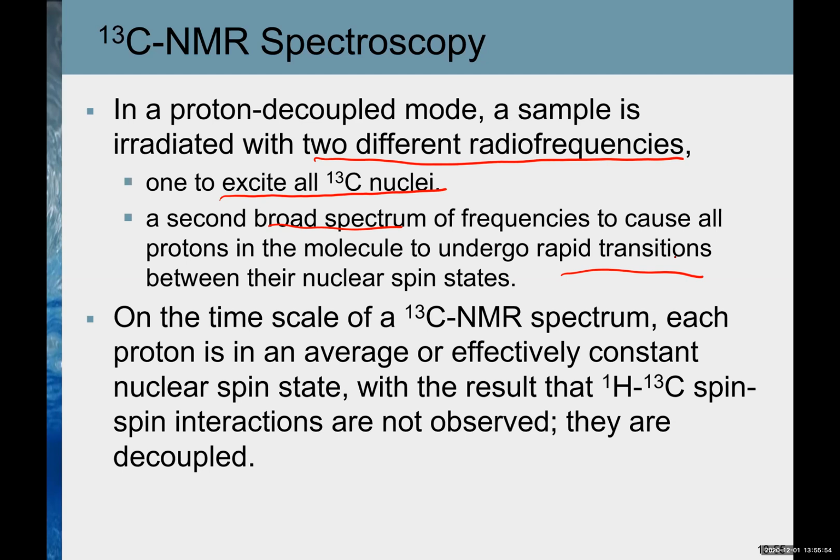They go to the excited state and then the ground state, excited state, and ground state multiple times during a single transition of C13. During that time scale, the effect of the proton is zeroed out. So we get just a single signal from the C13 nuclei.